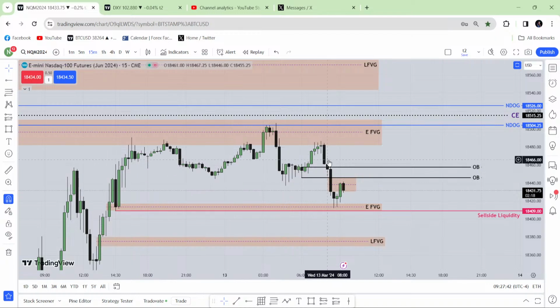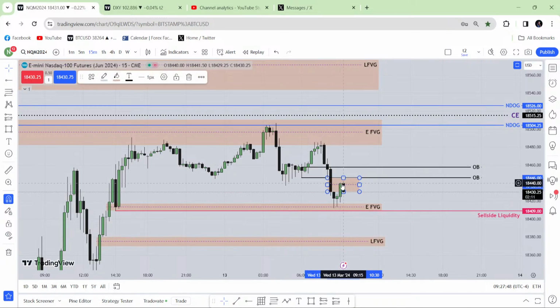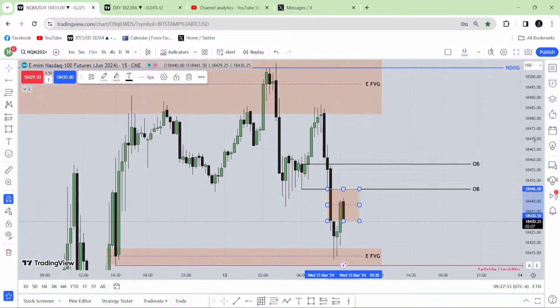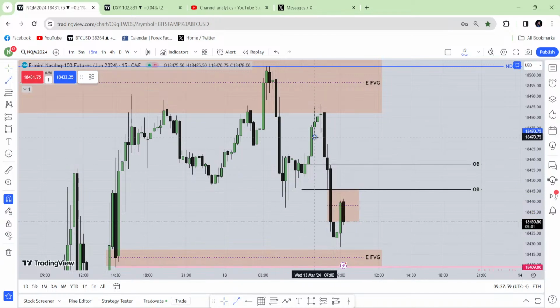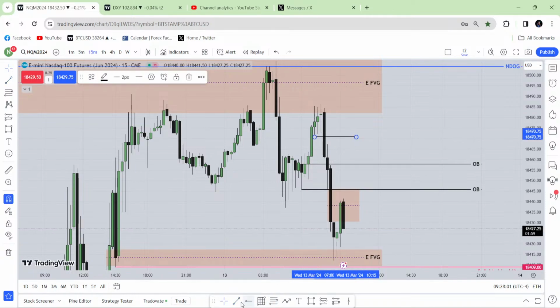This is the last fair value gap. I really don't want to see the market reach any of these fair value gaps, because this is the first fair value gap. It should hold the price. Over here this was the inversion fair value gap. So I will mark the inversion fair value gap from the 15-minute chart. Did I change anything about the inversion fair value gap?